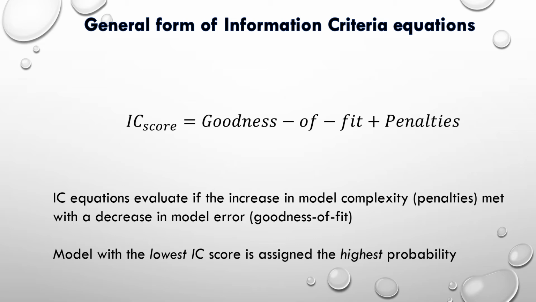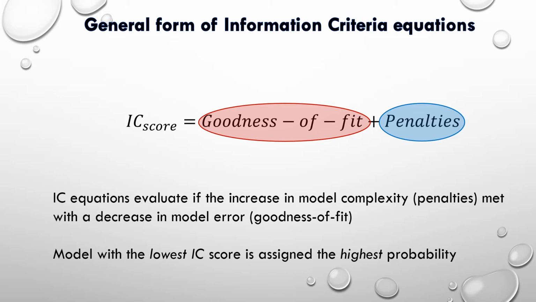All information criteria equations have the same general form. Every equation includes a goodness of fit term, plus there are penalties. The goodness of fit term refers to how well the model fits the observation data. The penalties refer to how complex the model is, and depending on the information criterion you're using, these penalties vary.